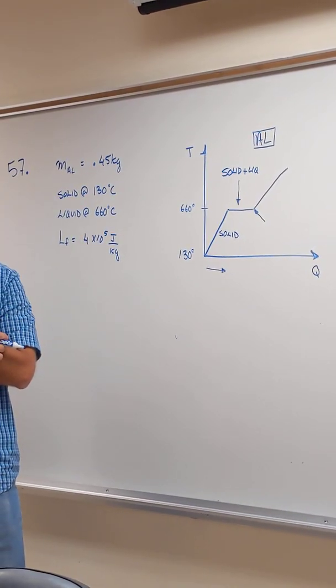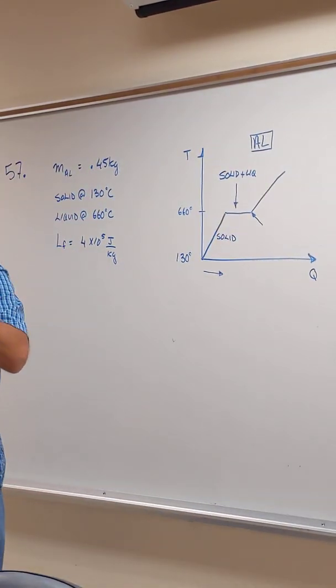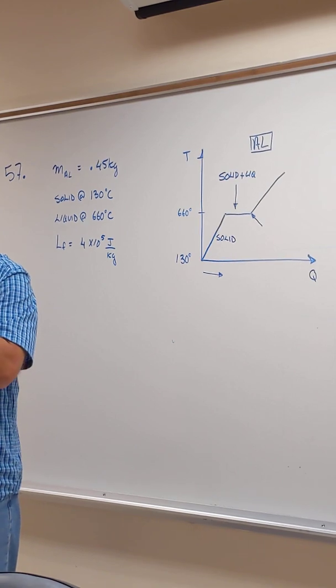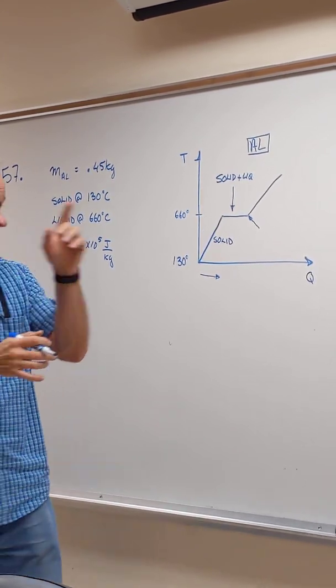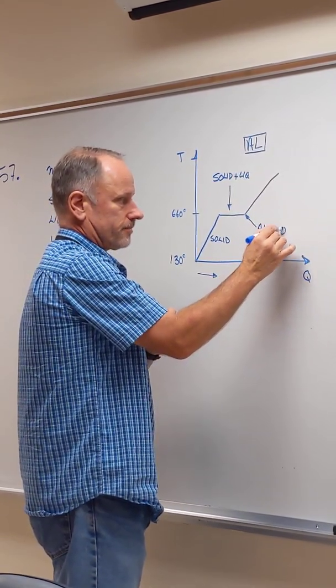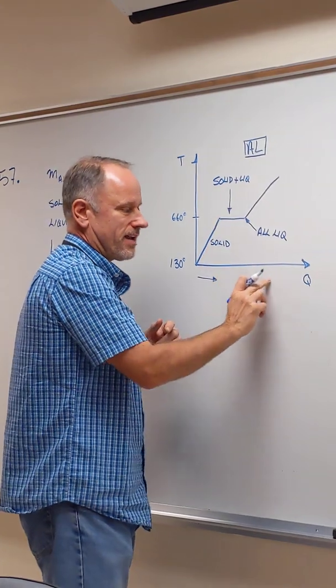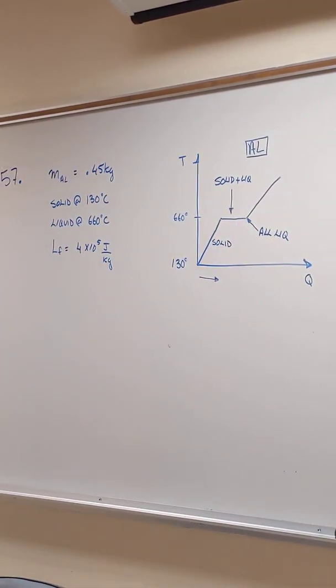Does that make sense to everyone? When we go through this flat spot, by the end of it we've completely torn the bonds of the solid apart, and it's all liquid. And if we continue to add energy, the liquid would rise in temperature also.